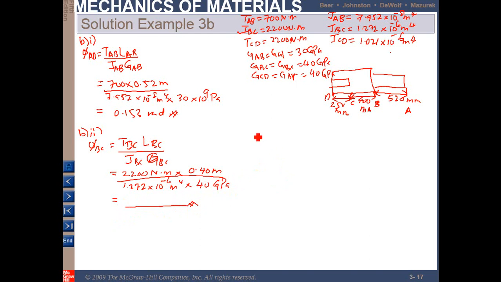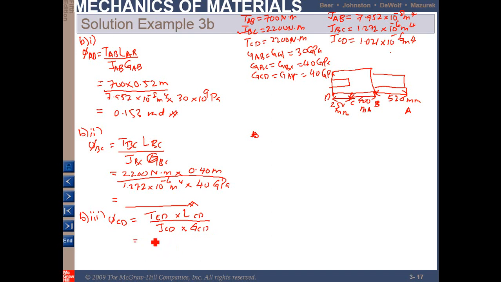And for B3, maybe we can use here. You use the same equation, phi CD is equal to TCD times LCD over JCD times GCD.